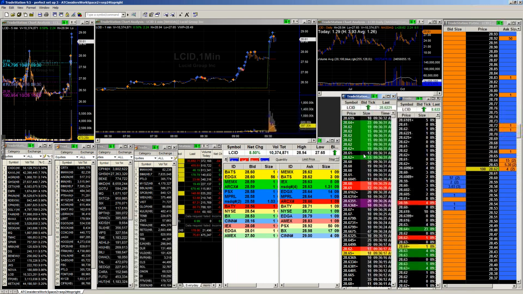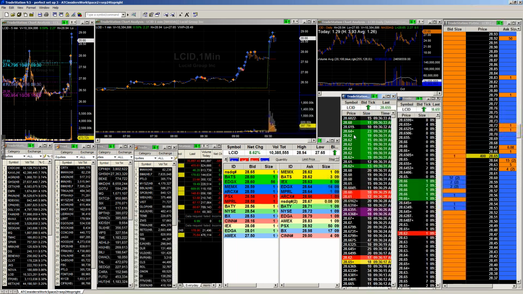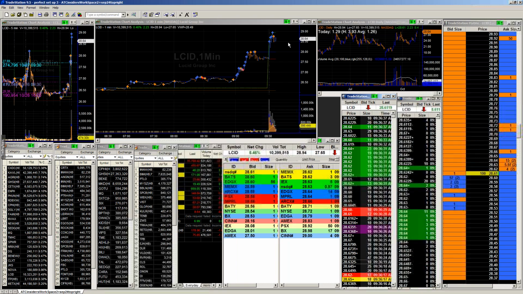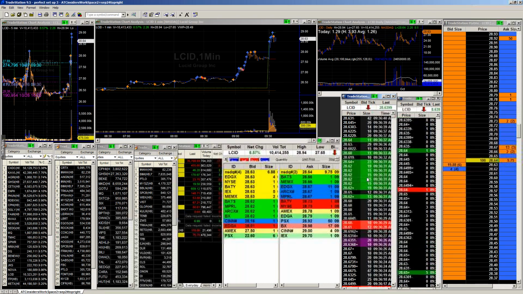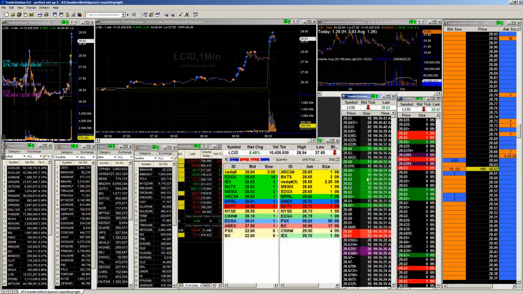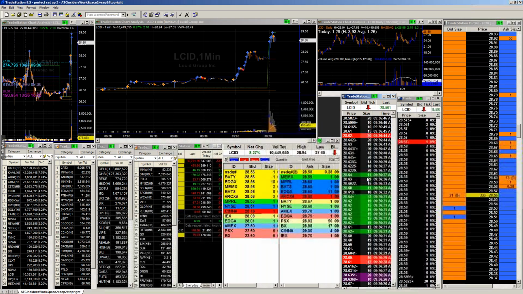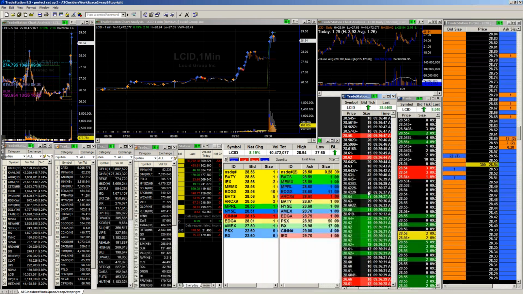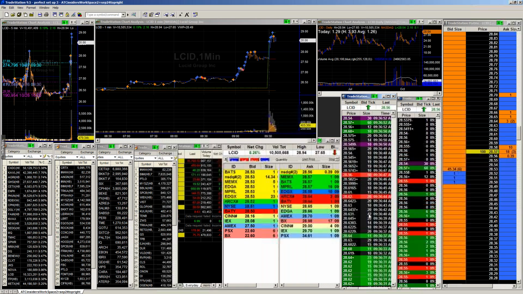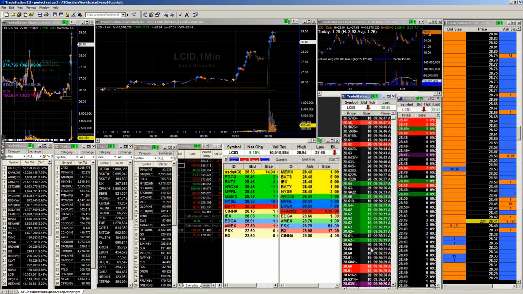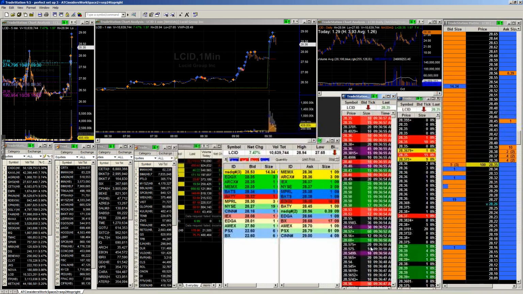Certainly has the volume pattern. Now, that's not a good look. How would I interpret this 28.62 on the ask side? Extended move up. Now, is it enough based off of the prints that we've seen? No, but it's something to think about.